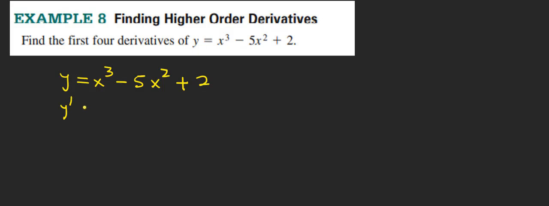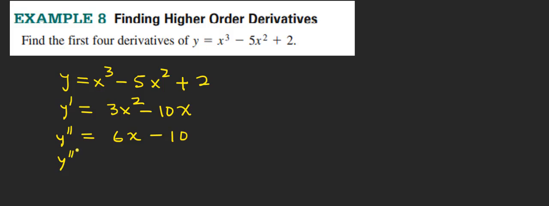So what is the first derivative, y prime? That's going to be 3x squared minus 10x, and then plus 0. What's our second derivative, y double prime? So y double prime is the derivative of y prime, which will be 6x minus 10. What about the third derivative? Y triple prime, which is 6.